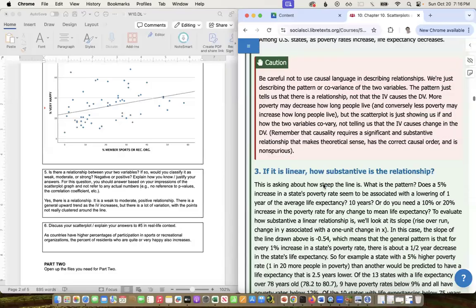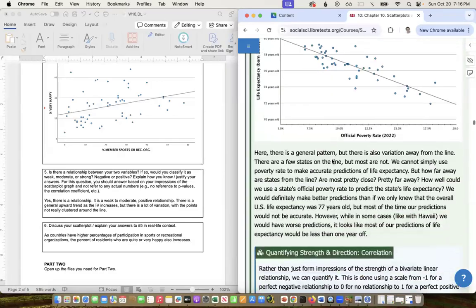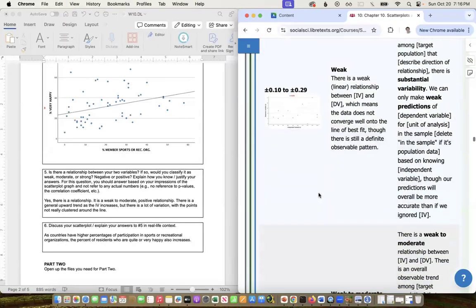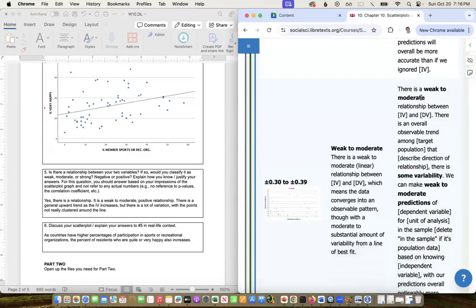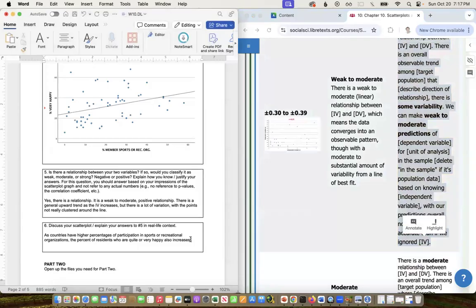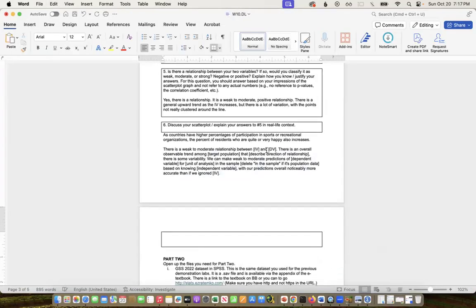And then in terms of interpreting strength, we can see there's a template for that as well. We didn't do that, but I said it was a weak to moderate relationship. So that's like this. So here's my template. I'm saying there's a weak to moderate relationship between sports recreational participation and happiness.